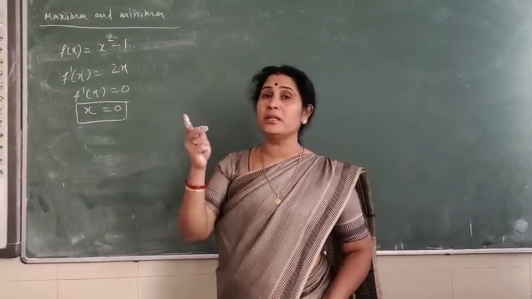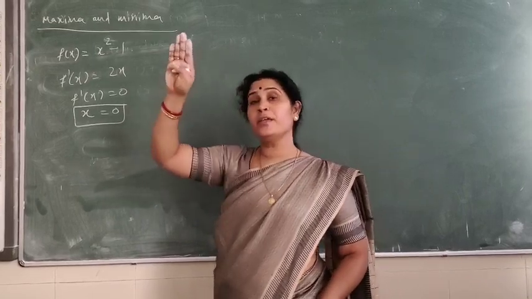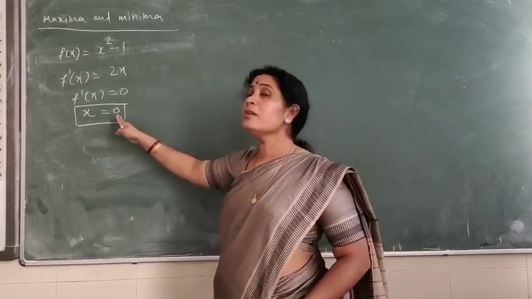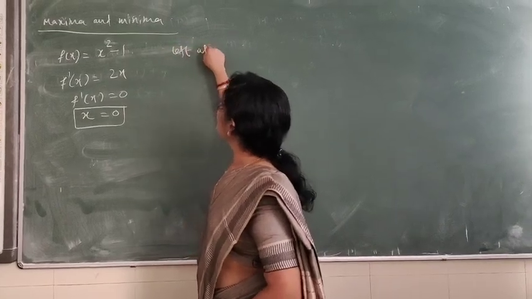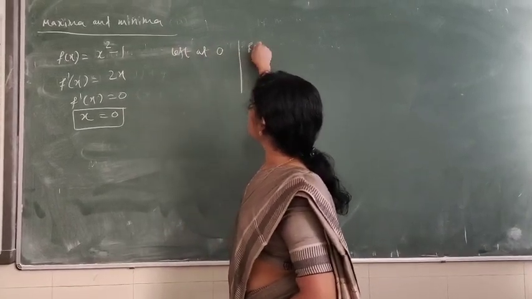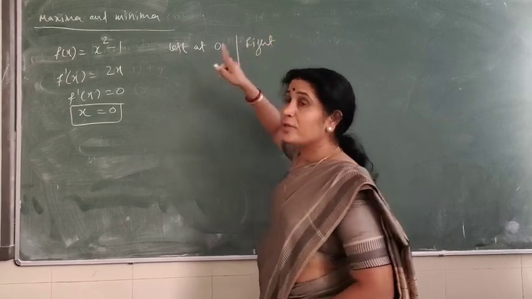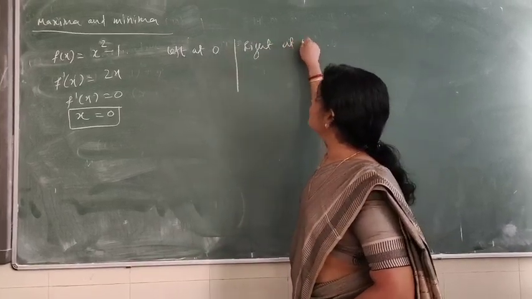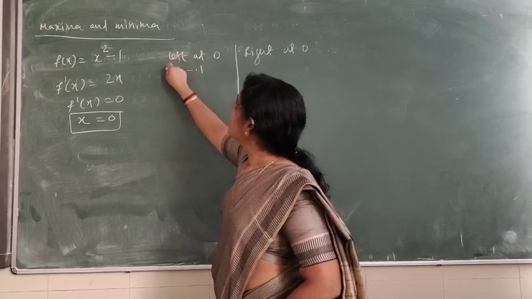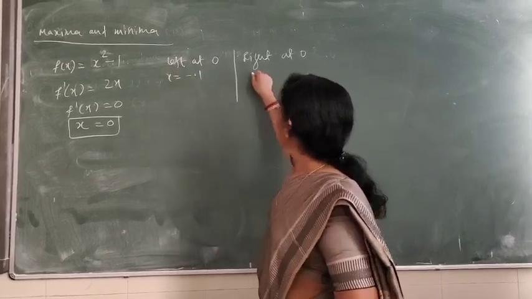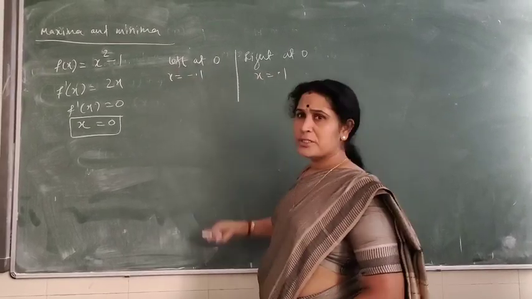Whatever we have done in increasing, decreasing, the same way. There we have divided the interval. Here we are checking left and right. Now I am taking left at 0 and right at 0. Each value, I told you each value. Left at 0, I am taking x is equal to minus 0.1. Right at 0, x is equal to plus 0.1.